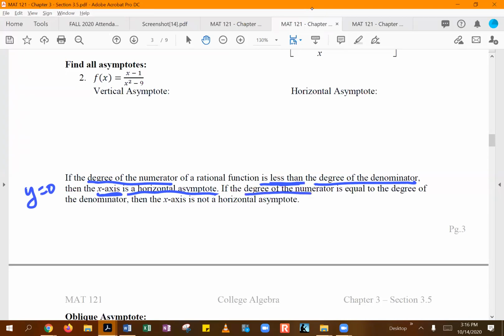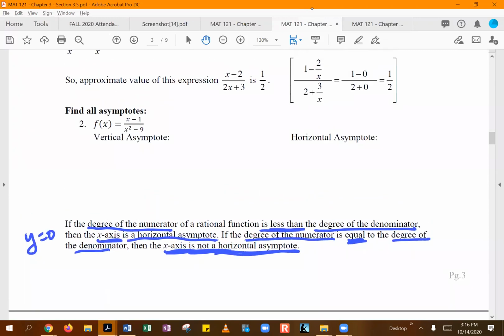If the degree of your numerator is equal to the degree of the denominator, then your x-axis is not going to be your horizontal asymptote. When the degrees are the same, it's going to be the ratio of your leading coefficients. When I'm talking about the degree, we're talking about the largest exponent on your x variable.